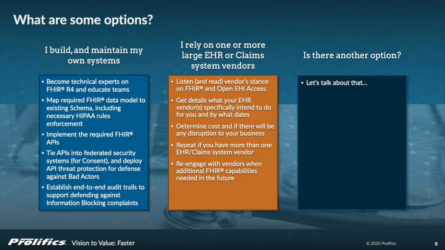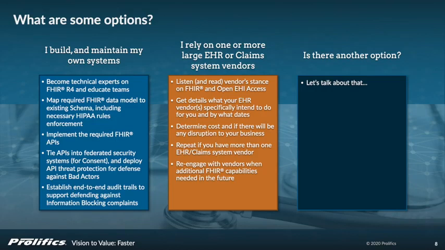The other bucket is a business who effectively relies on one or more vendors for their systems. And a lot of, if not most, providers fall into this bucket, where providers typically run their businesses on big EHR, EMR systems from very large vendors, and you're going to be relying on those vendors to provide that capability for you so that you can become compliant within the mandate deadlines.